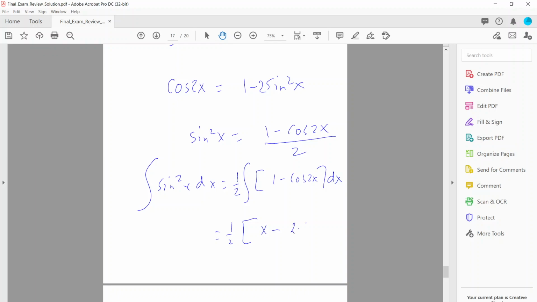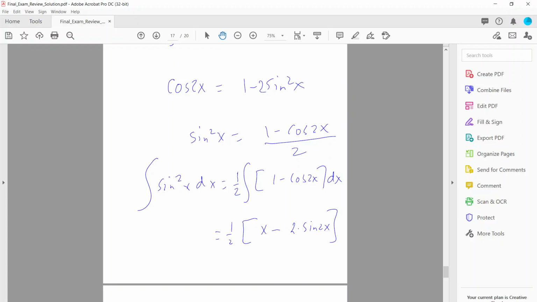The derivative of sine 2x is cosine 2x times 2.